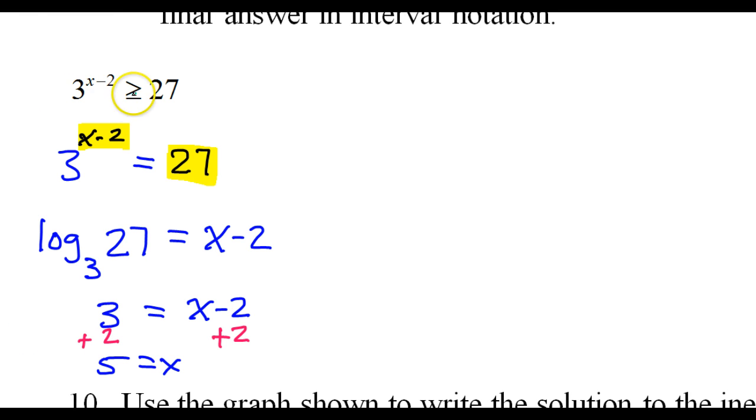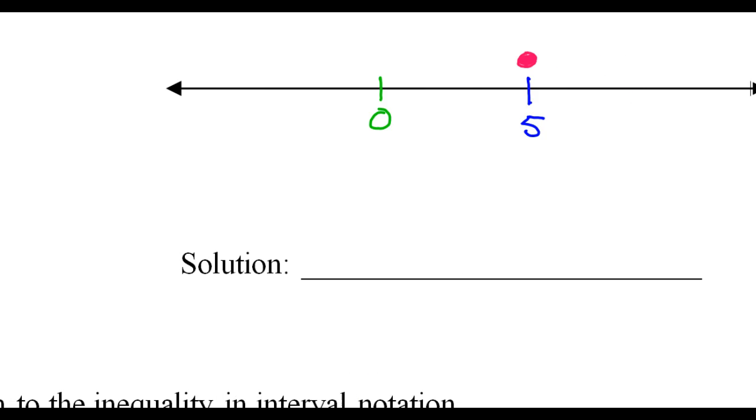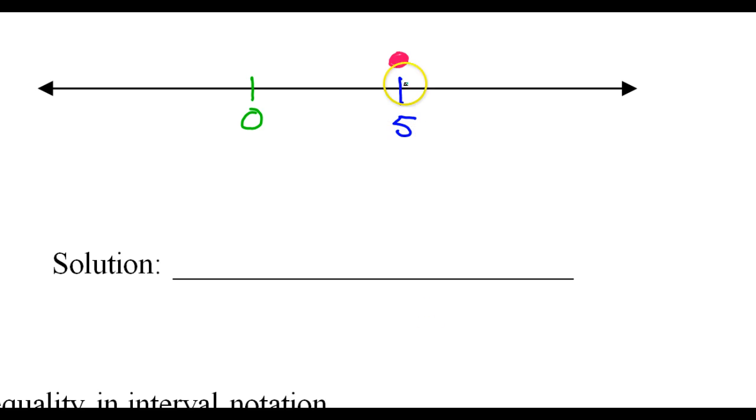Well, ultimately, we want to find the values of x that will cause this expression to be greater than or equal to 27. So we want to include anything that makes it equal to 27. And that's what we just solved. So this critical value is what makes it equal to 27. So we want to include that, so we'll show that by making it a closed circle.